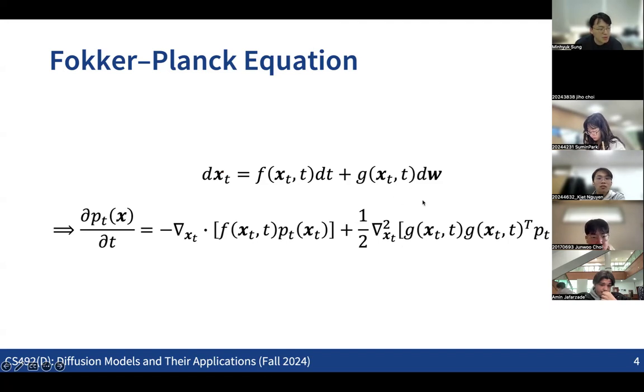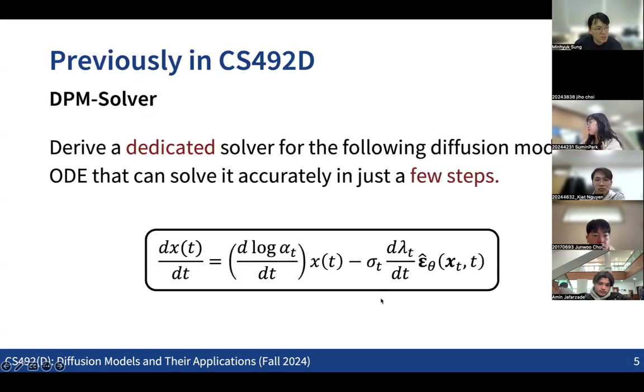Based on this formulation and the SDE formulation that we know for the diffusion process, we can derive the ODE formulation that we saw last time, which was the probability flow ODE. Given this ODE, we could consider using any numerical solver.